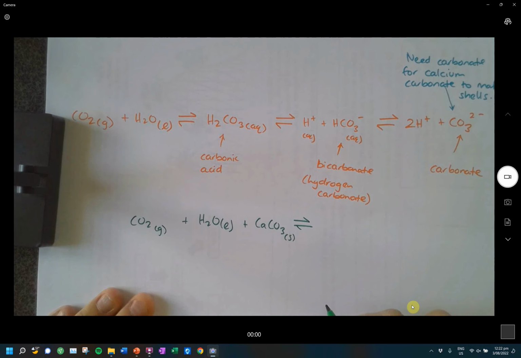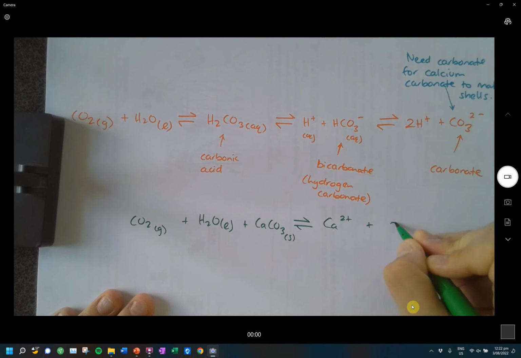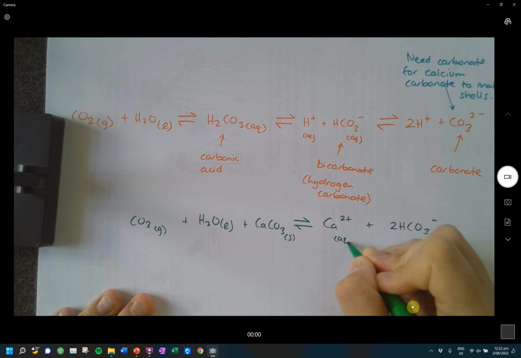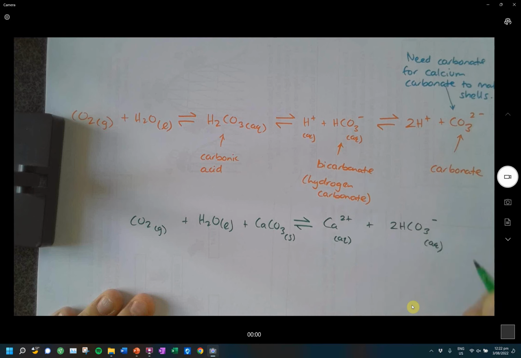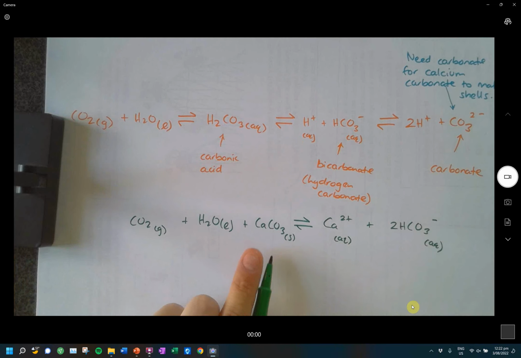What's going to happen is we form calcium ions and bicarbonate. So if we increase that carbon dioxide, it's going to force this reaction to go forward, using up that carbonate, which we desperately need in order to make shells.